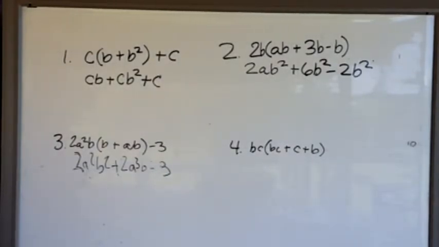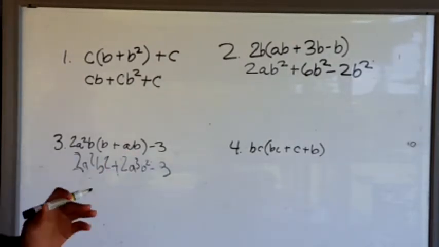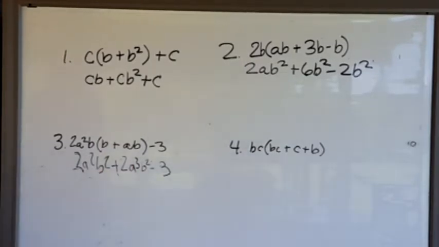So it will be 2a squared times b times ab is going to be 2a cubed b squared. So I did do that part right.